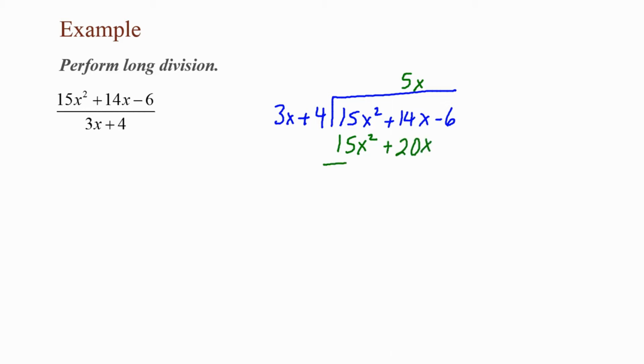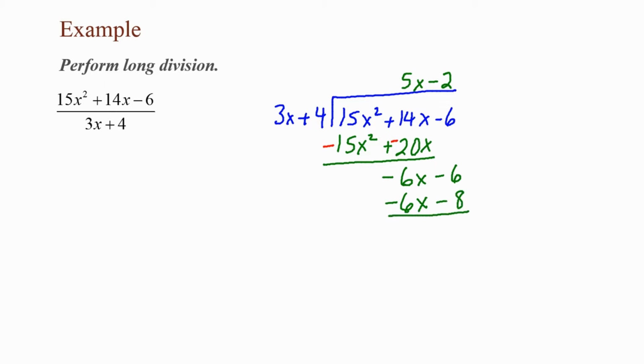I'm subtracting. 15x squared minus 15x squared is 0. 14x minus 20x is a negative 6x. Bringing down my minus 6, I now need to figure out what times 3x gives me a negative 6x. It's minus 2. Minus 2 times 3x is negative 6x, and minus 2 times 4 is minus 8.